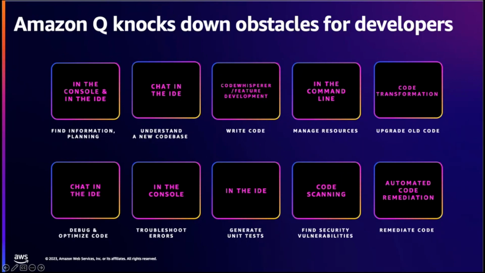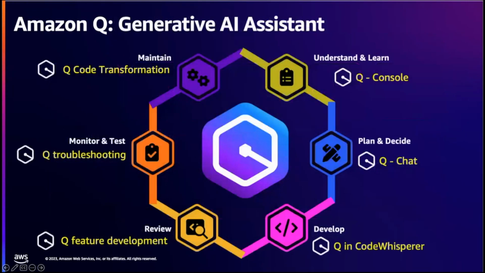We're going to see in the console how to troubleshoot errors by fixing a Lambda function just by clicking on a button. We're going to generate a unit test, find security vulnerabilities, and remediate code. We are going to experiment with all of this, and these are the capabilities from Amazon Q Developer that we're going to be experimenting with.